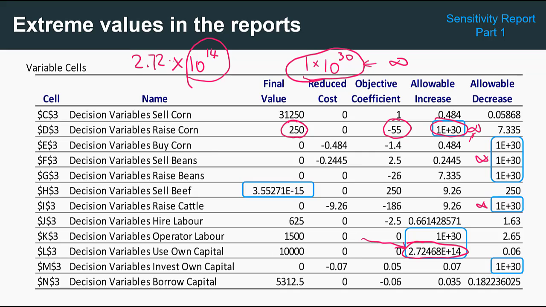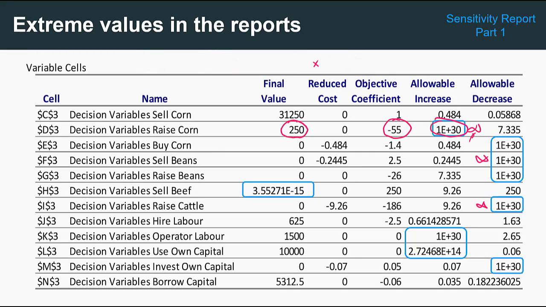Because of that tolerance, Excel will stop and claim it found a solution once it reaches the tolerance level, and so here you actually get this number. It's a really big number, and you should interpret it also as infinity.